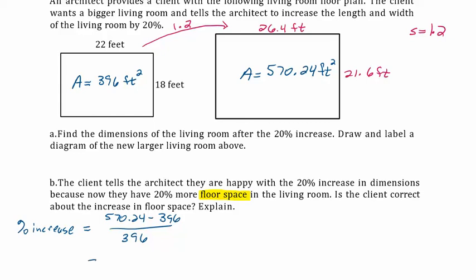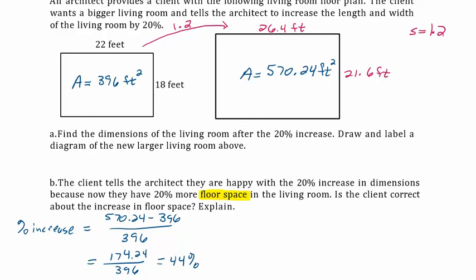So that's 174.24 out of 396. And then we get 0.44. So that is a 44% increase. Wow, do you think that's right? We only increased the sides by 20%, but the area increased by 44%.